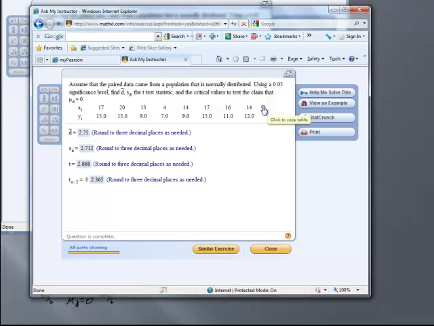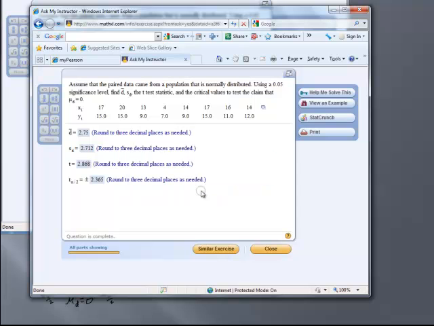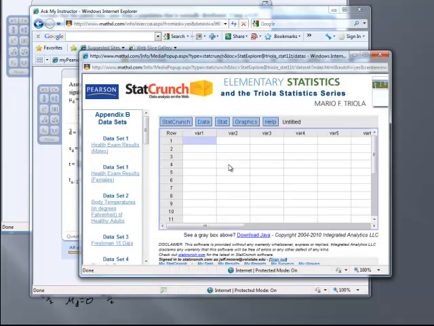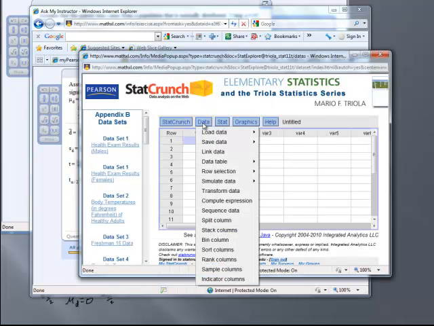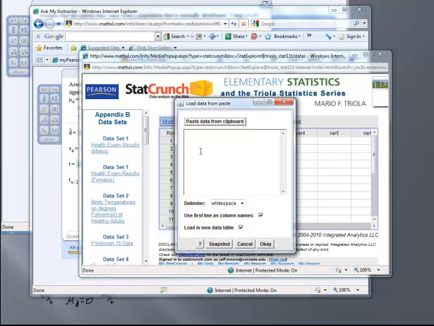First, we'll hit this little rectangle here that copies that data set to a table that I can paste into StatCrunch. I'll push data, load data from paste, paste the data in the box.